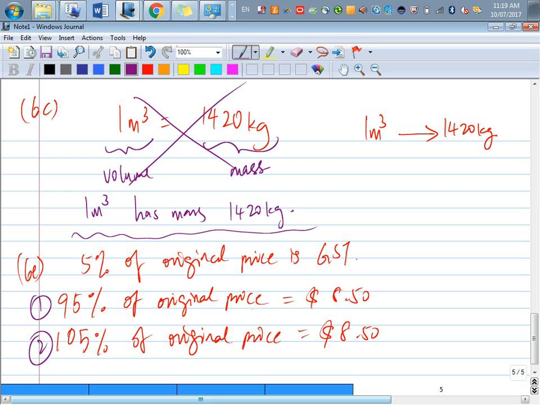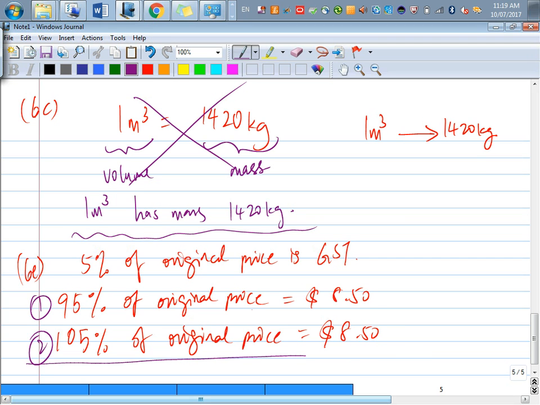So, according to the question, $8.50 includes 5% of your GST. So our original price that we are comparing this 5% with is the 100%. The 100% refers to the original price without your GST. Okay? So that is how we decide.